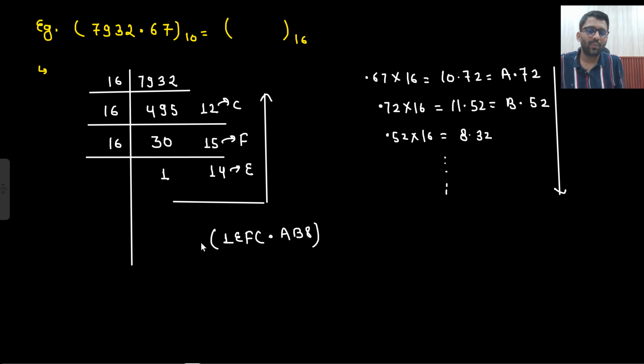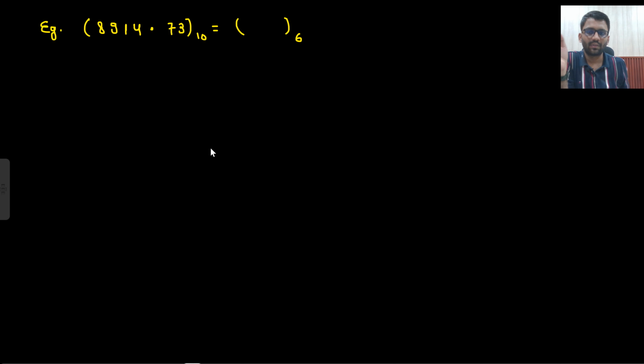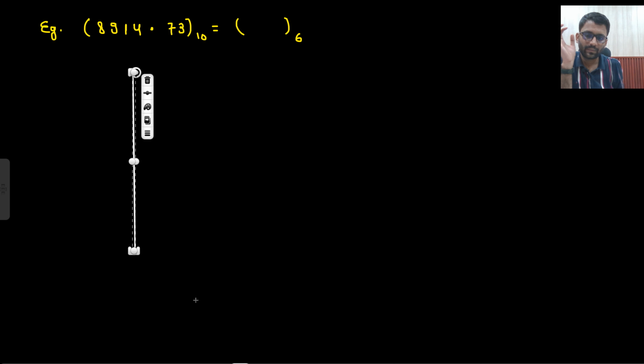So in that manner, will you be able to remember how to proceed in these kinds of problems? The next problem you will solve on your own. From this you need to convert to base 6. So for base 6, what will you do? 8914 to base 6.